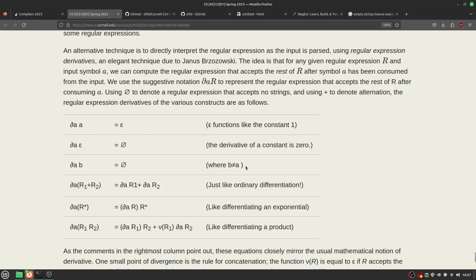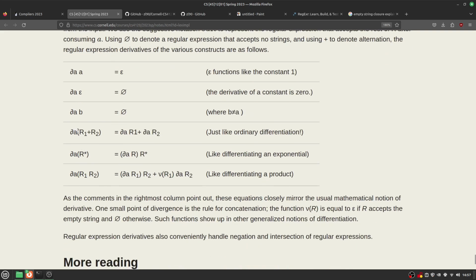The derivative of A on R1 and R2 is the derivative of A on R1 concatenated with R2, plus the derivative of A on R2, just like ordinary differentiation. Shame I don't remember differentiation. I'm gonna have to learn that again for sure.